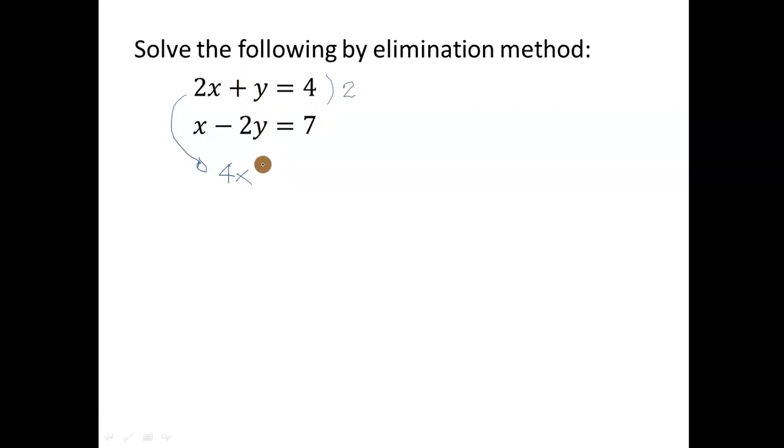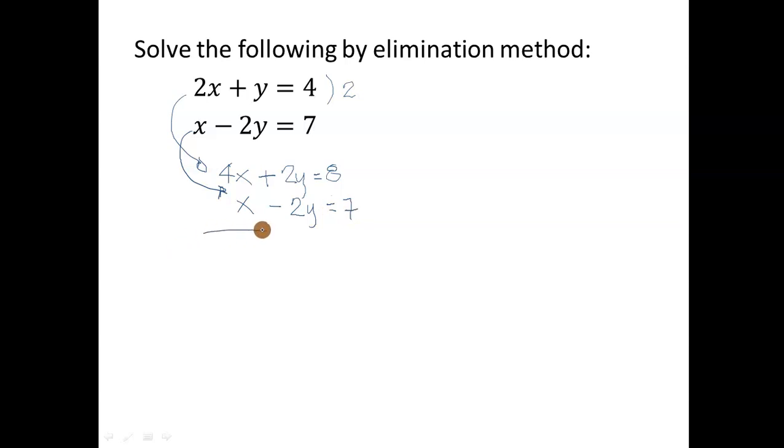So that is positive. So this is plus 2y is equals to 2 times 4 is equals to 8. Okay? And then, let us rewrite this second equation to this one. We have x minus 2y is equals to 7.